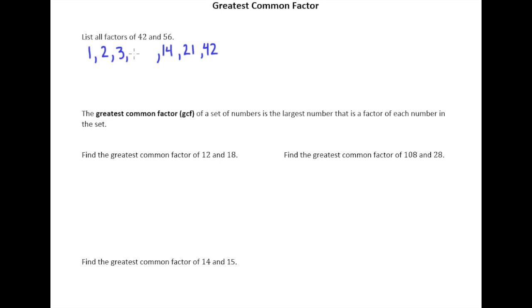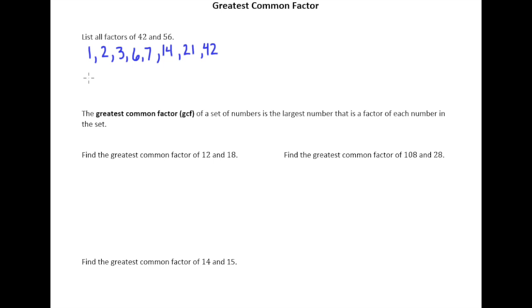And then we check 4. 4 does not go into 42, neither does 5. However, 6 does, and we know that 7 goes with it. 6 times 7 is 42. So there's our list of factors of 42.